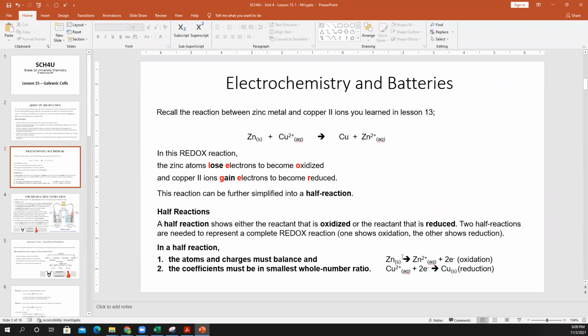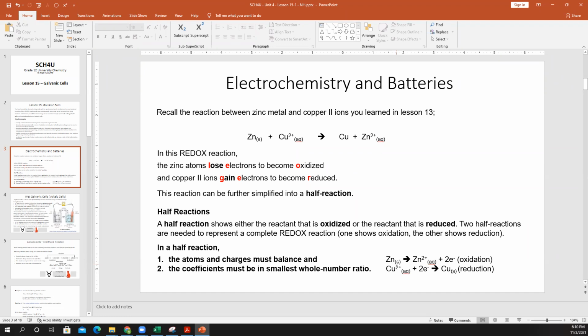We have the zinc atom becoming oxidized to zinc ion plus 2 electrons. And here we have the copper ion gaining 2 electrons, so plus 2 electrons becomes the copper atom, and this is the reduction.